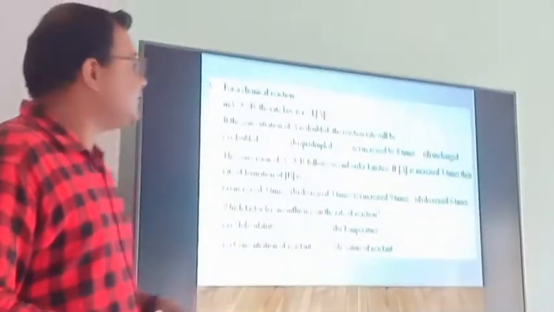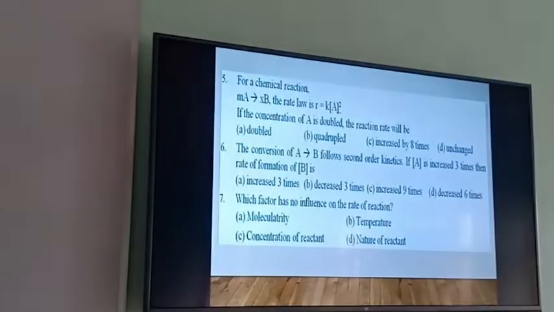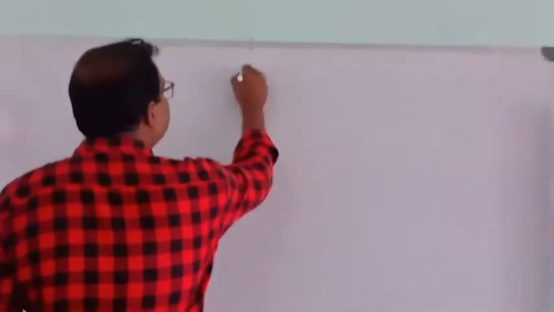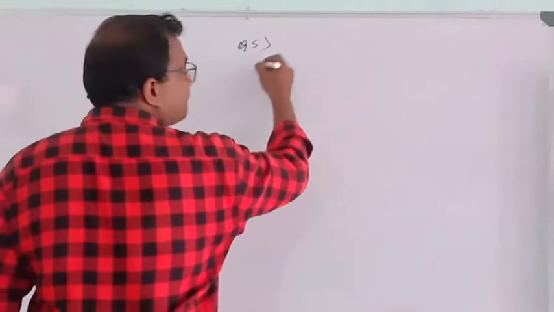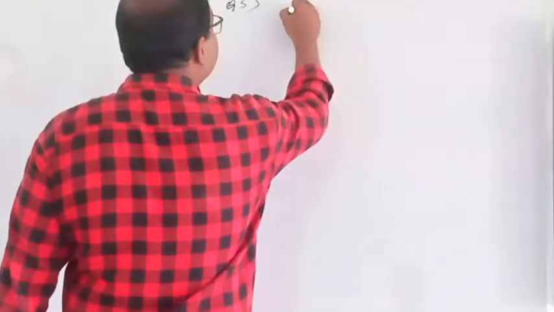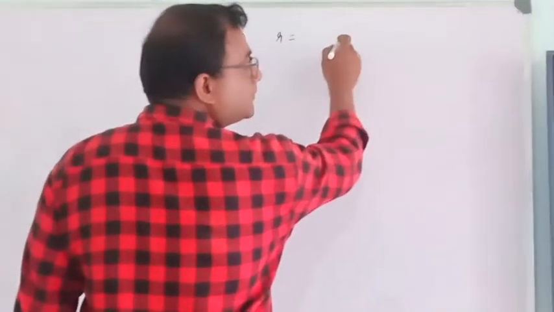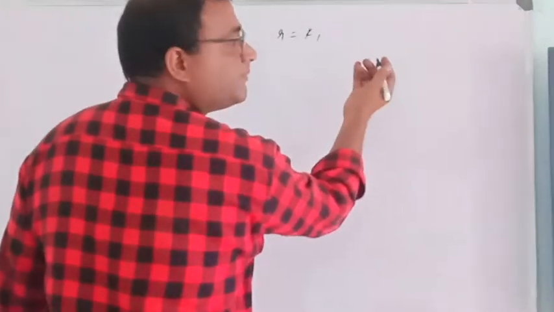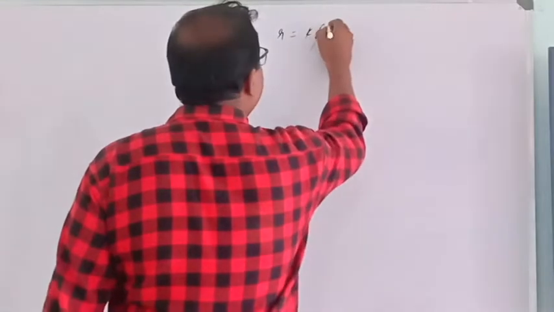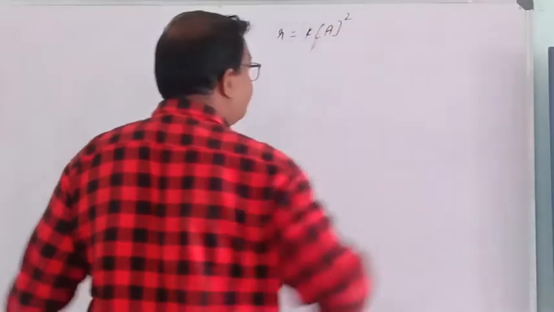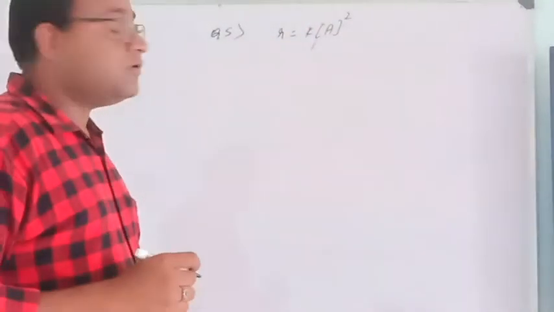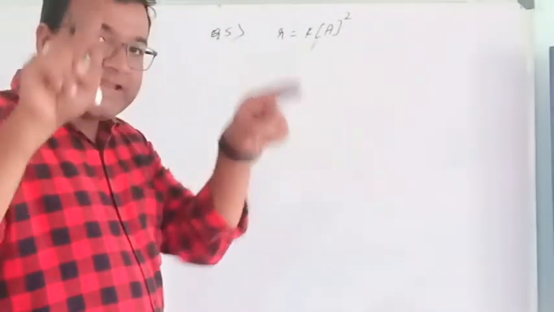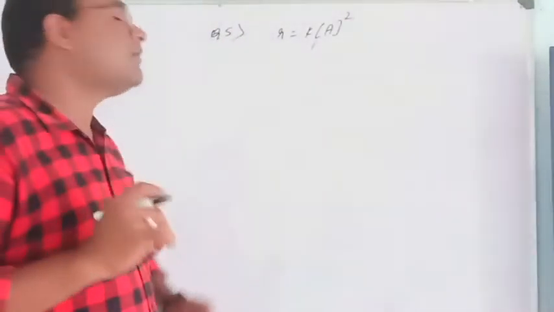Rate law is this. So, question 5, the rate law is R is equal to K [A] squared. The square bracket indicates molar concentration.